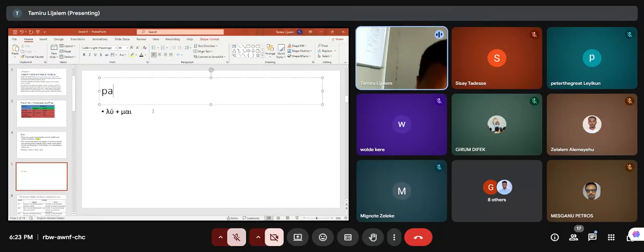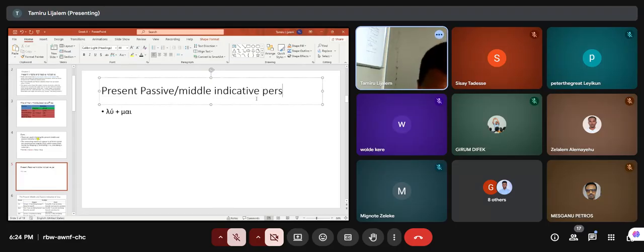We have present, passive or middle indicative.